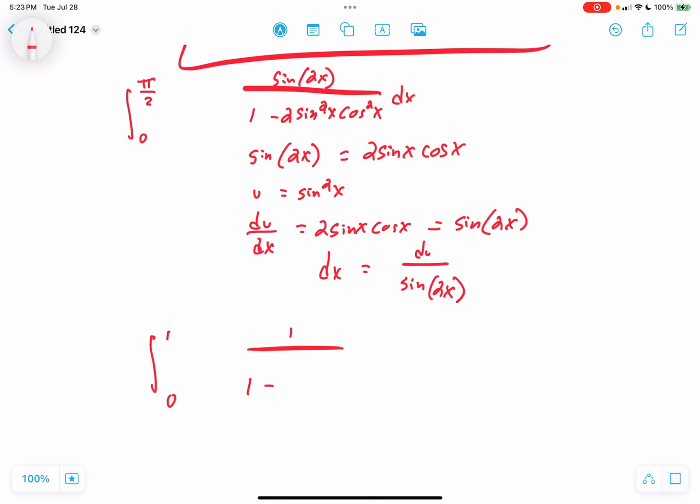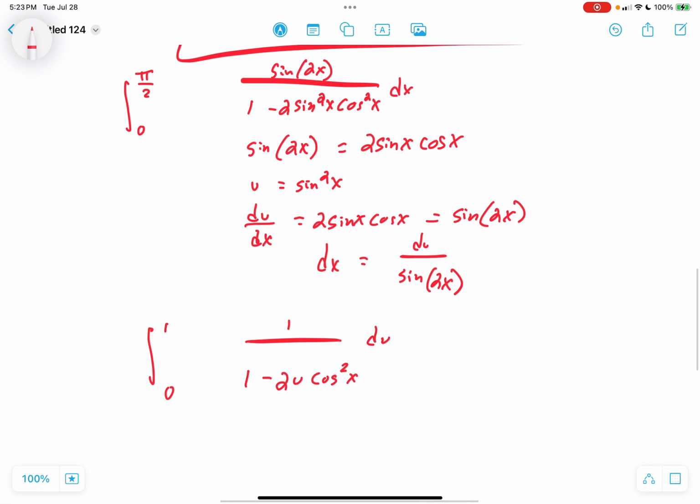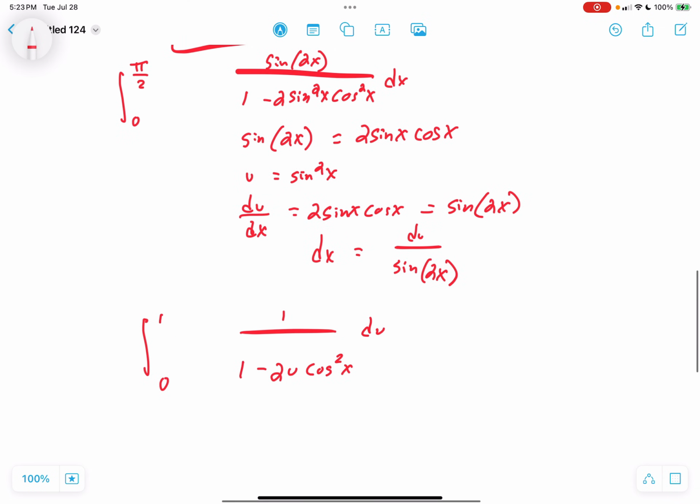Now I let u be sine squared, so now I get 1 minus 2u cosine squared x du. But notice the problem we have. We still have that cosine squared x. But remember what we set u equal to, sine squared x.